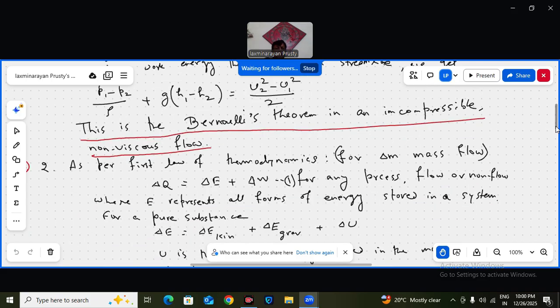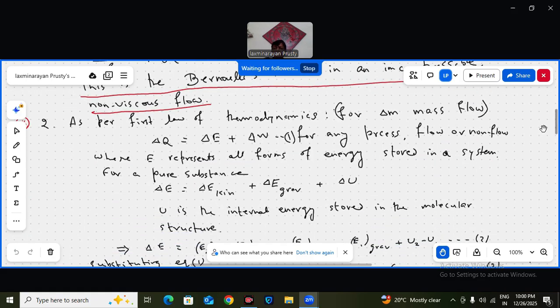The next question I discussed, the whole thing which is given, we call the steady flow energy equation. As per the first law of thermodynamics, for delta m mass flow, delta Q is delta E plus delta W for any process, flow or non-flow, where E represents all forms of energy stored in a system.